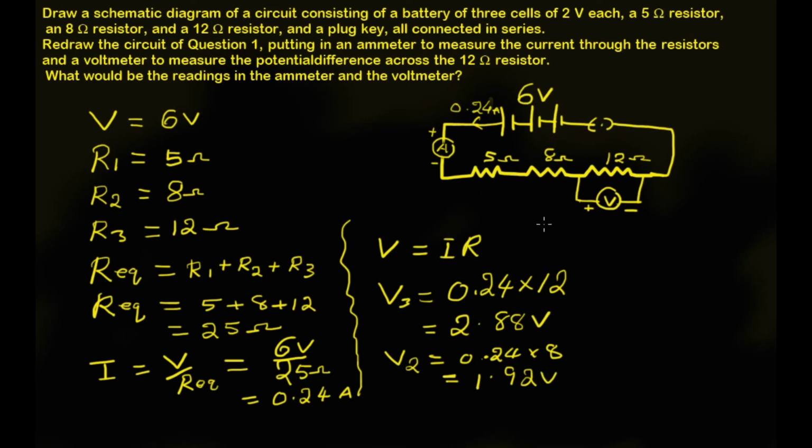So 1.92 volt will be dropped across the 8 ohm resistor.